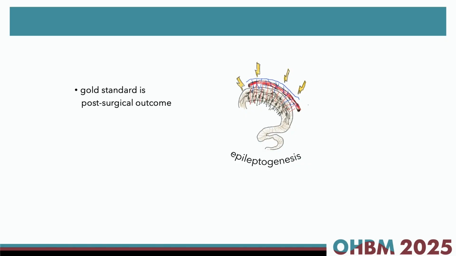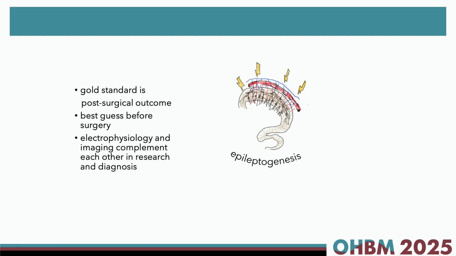That's the hypothesis. But in order to have someone agree to undergo surgery, you have to have a best guess before you take a part of their brain out. And electrophysiological studies and imaging complement each other in the research and diagnostic workup for these surgical patients.